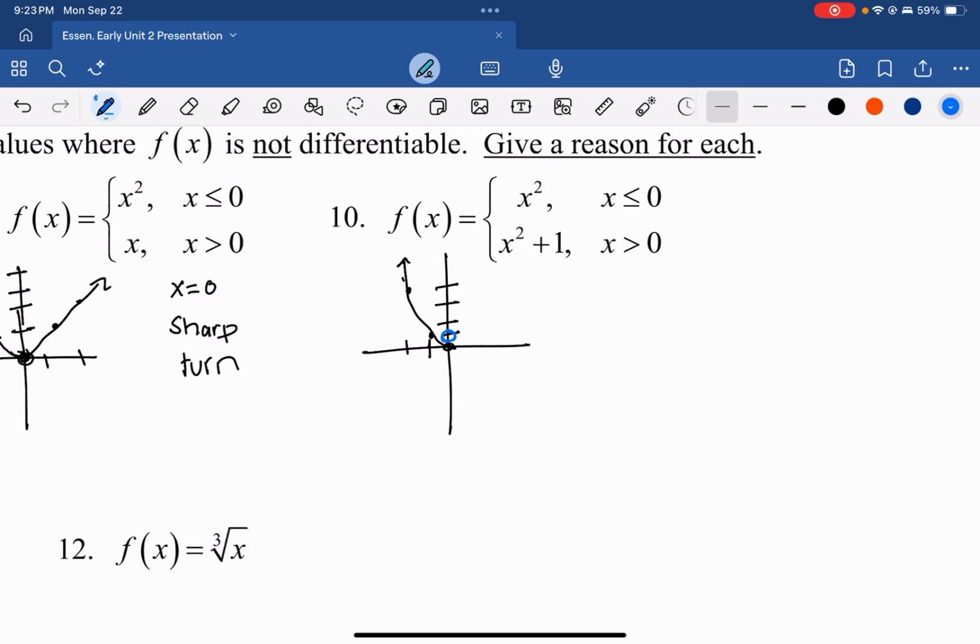Open circle there. Plug in 1: 1 squared plus 1 is 2. So this one goes up like that. For this one, we have a jump at x equals 0. So this one's not continuous, right?